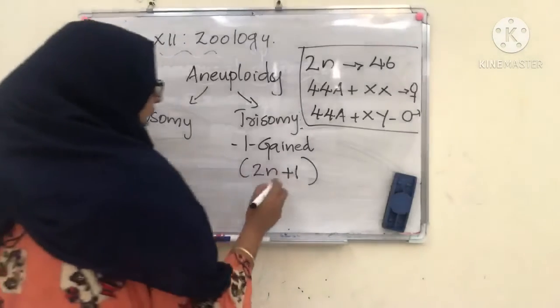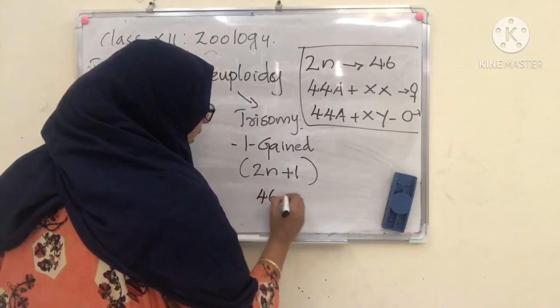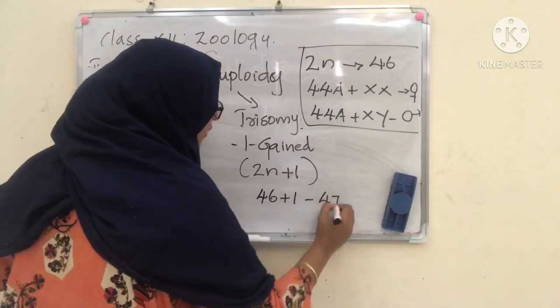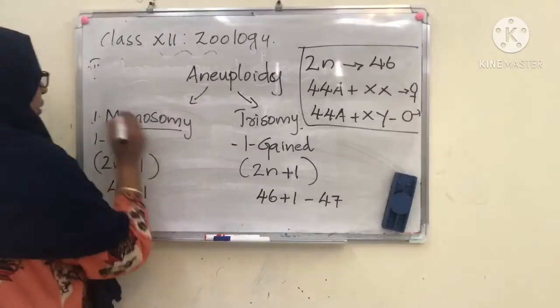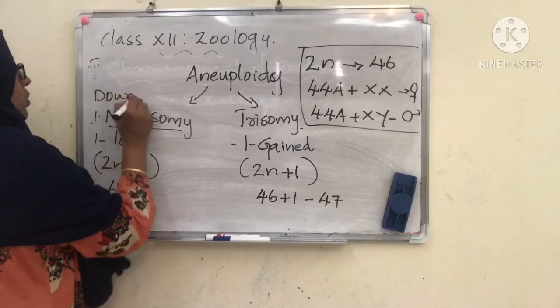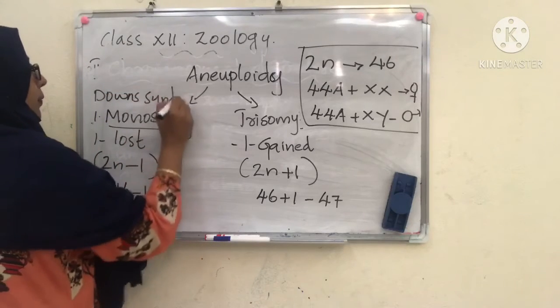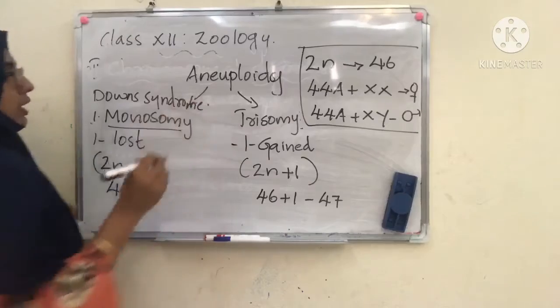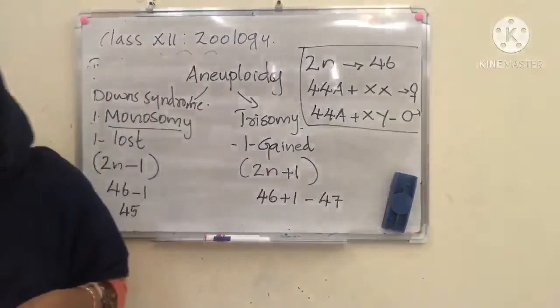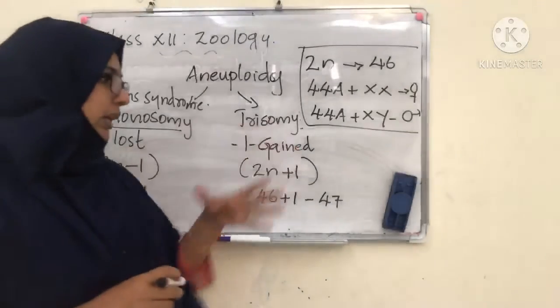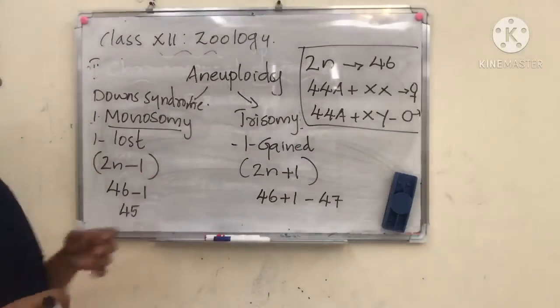In trisomy, 46 plus 1 means 47 chromosomes or more. You understood? Example for monosomy is Down's syndrome. We will be studying here. In trisomy, Turner-Klinefelter syndrome, that we can study here.